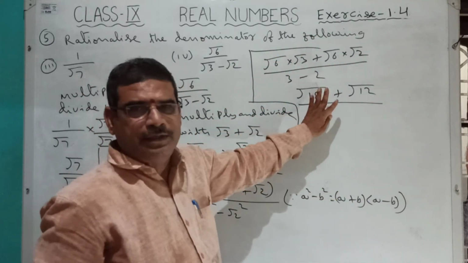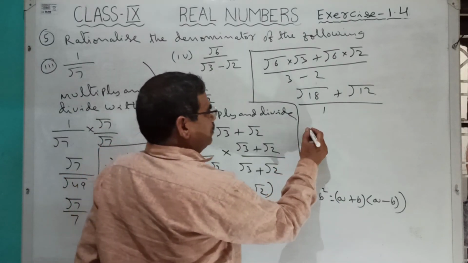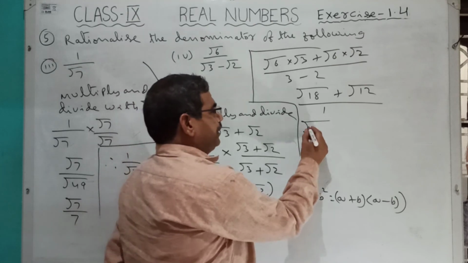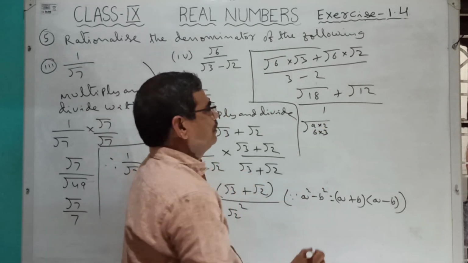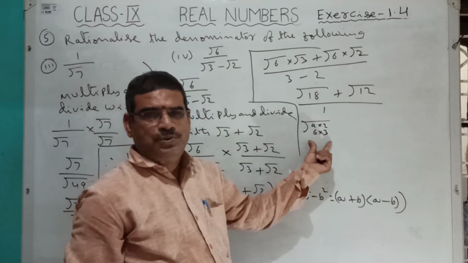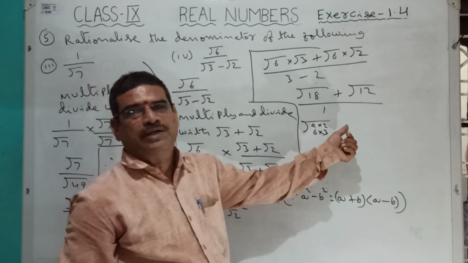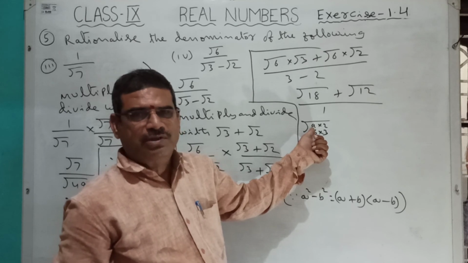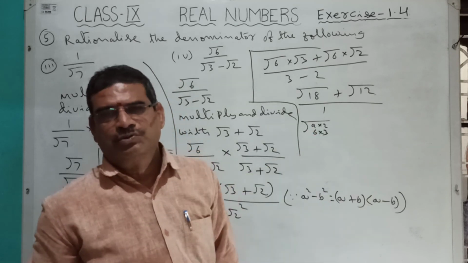Instead of writing 18, I will write 9 into 2 or 6 into 3. In these two, which is better? 9 into 2 is better because 9 has square root value. 9 has square root, but 6 no square root, and 3 no square root.